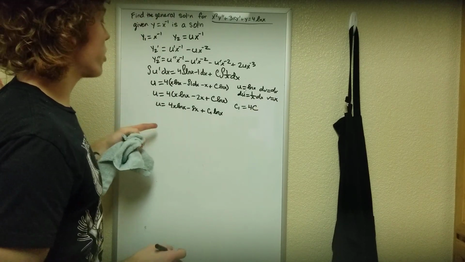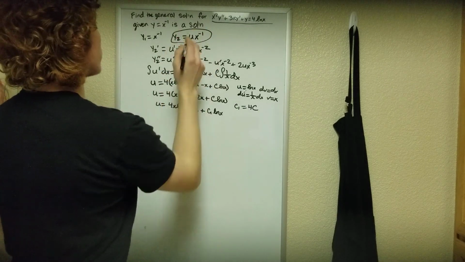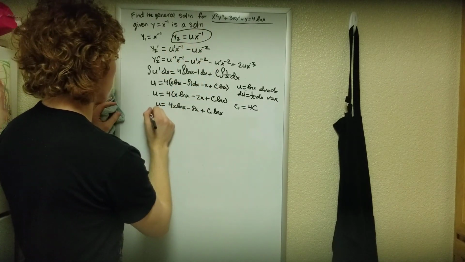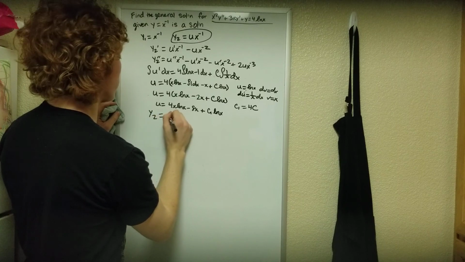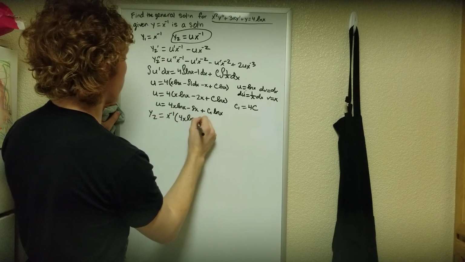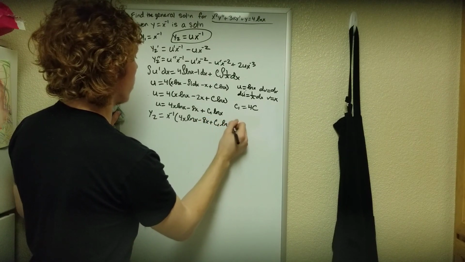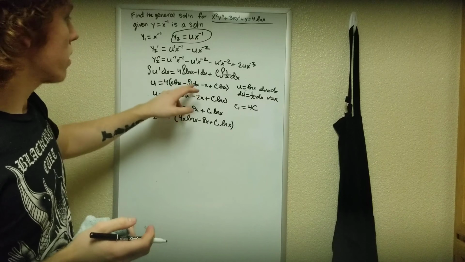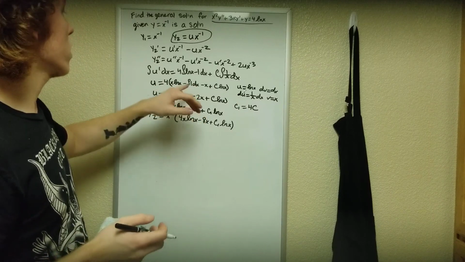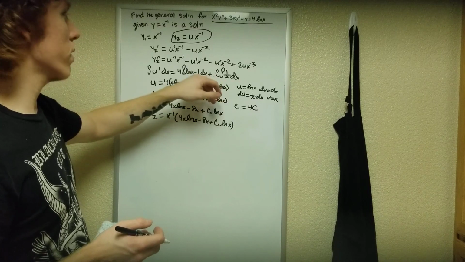All right, so we have our u, so we can plug that back into this equation right here, y2, to get our y2. So y2 is x to the negative 1 times 4x natural log of x minus 8x plus c1 natural log of x. Now, notice I did not include an integration constant for this last integral, either one of these up here.